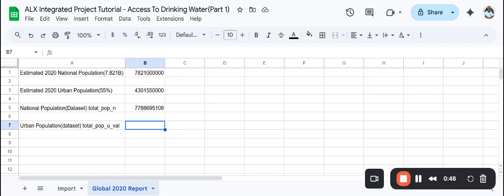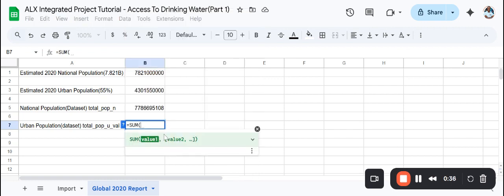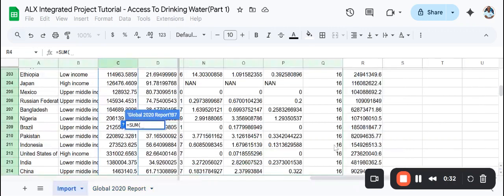Now let's look at the total urban population also. So we also use the sum function. We click on it and then we go to where we have our pop uval.